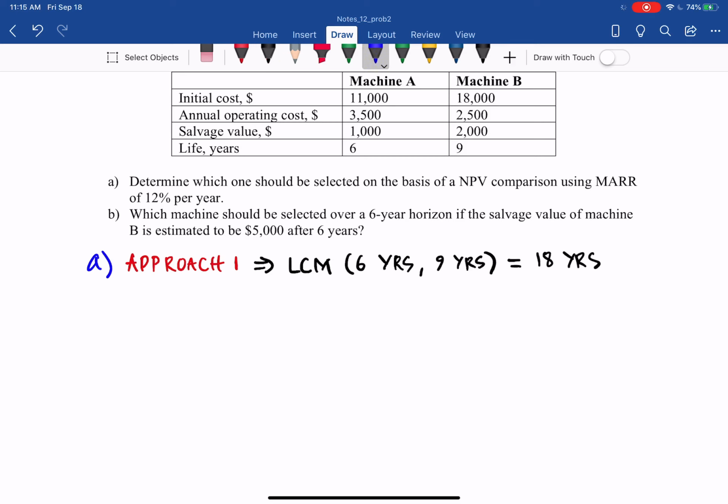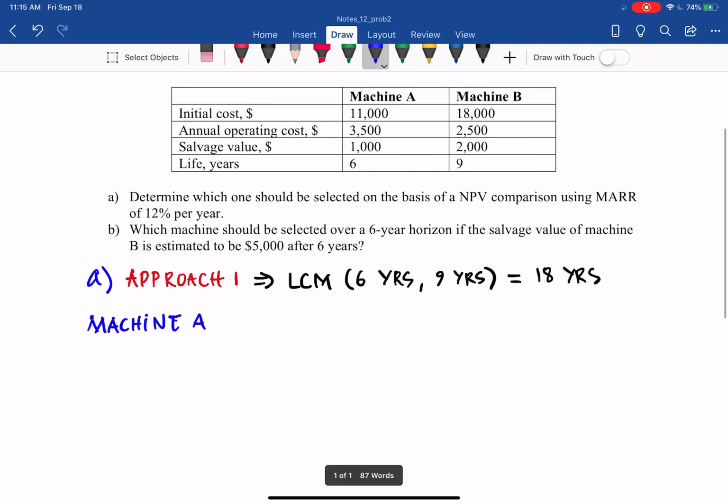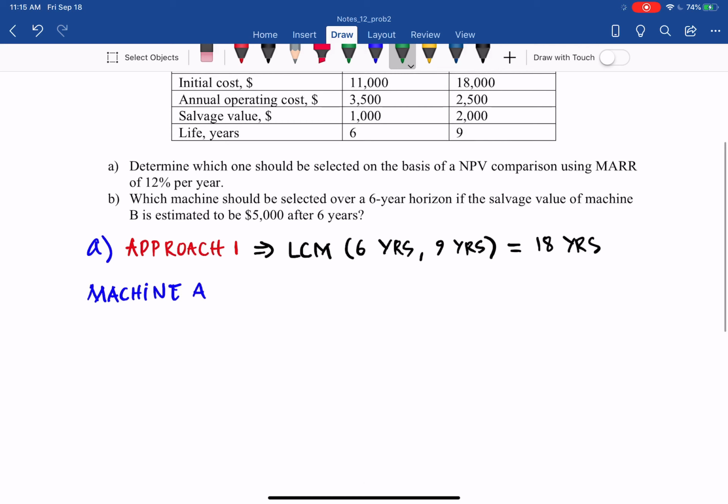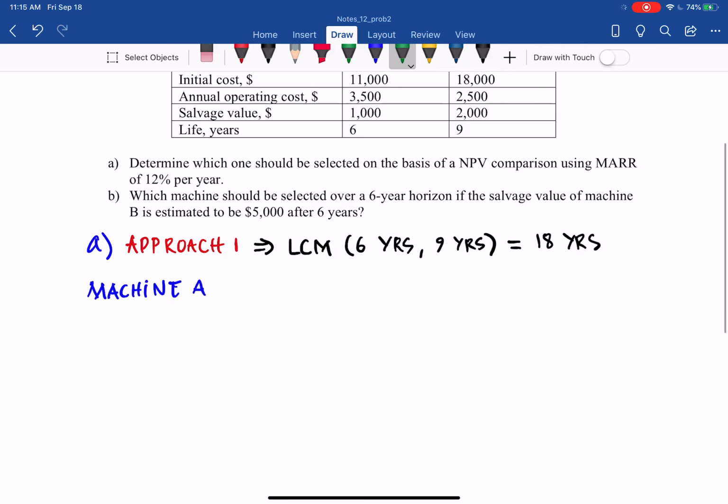So let's go with machine A. For 18 years, how can we draw that? Then we start at year 0, and we basically replicate 6 years for another 2 six-year cycles.